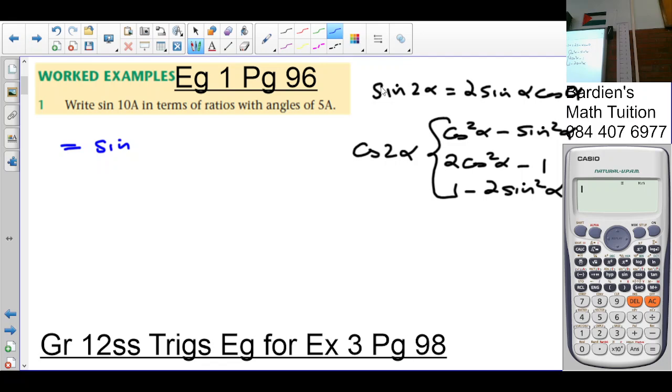Remember, we're going to try and write it as a double angle. But remember, there's also a 5a. So this can be written as 2 times 5a.